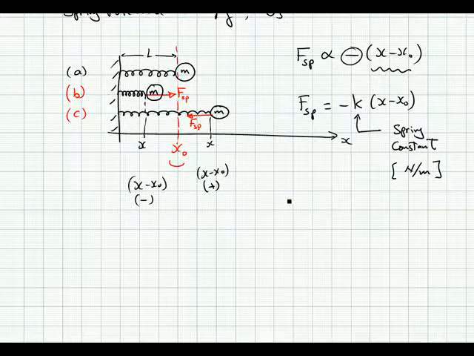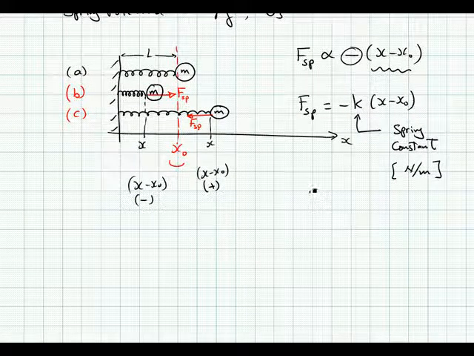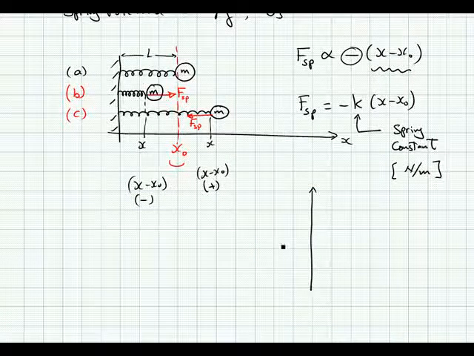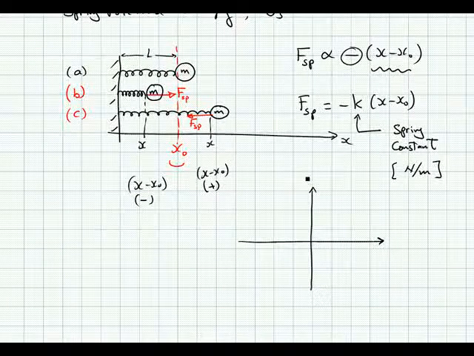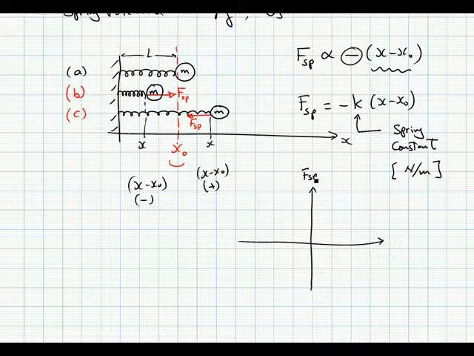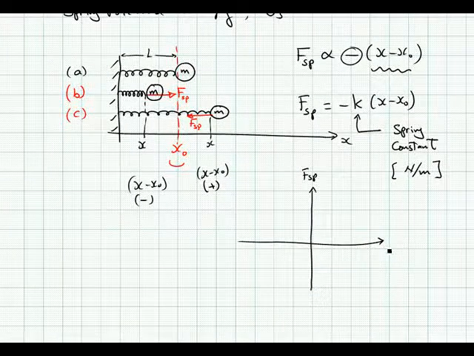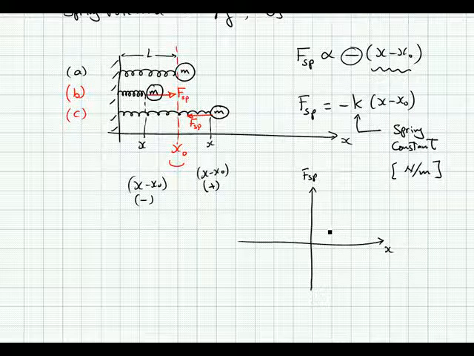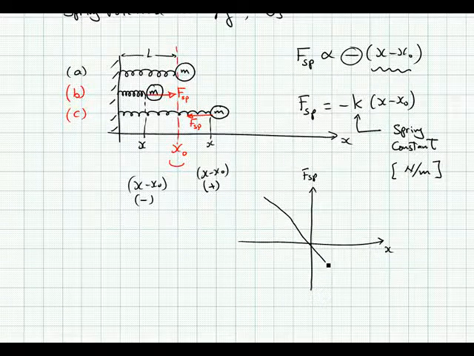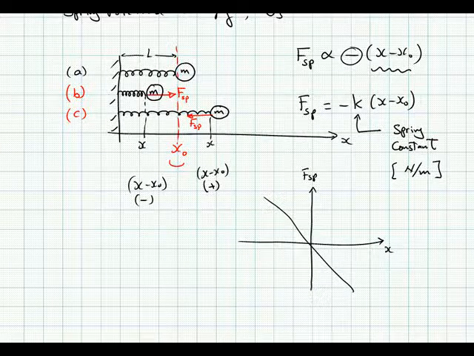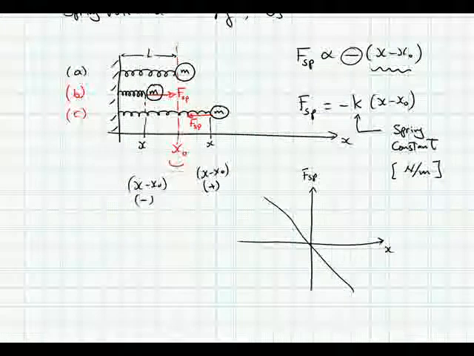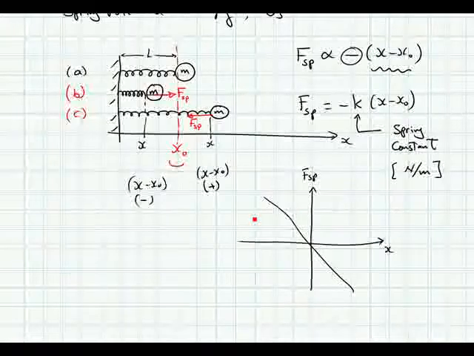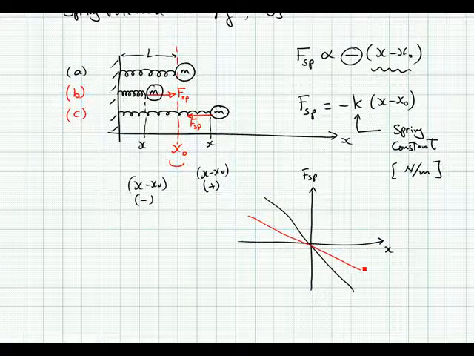So if you were to plot spring force versus extension x, then it's a straight line, and for different springs we would have different lines like this.